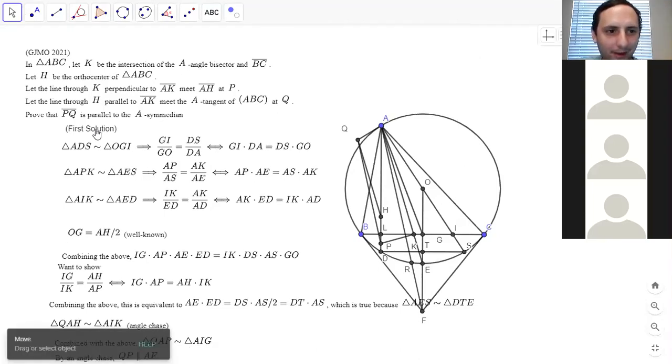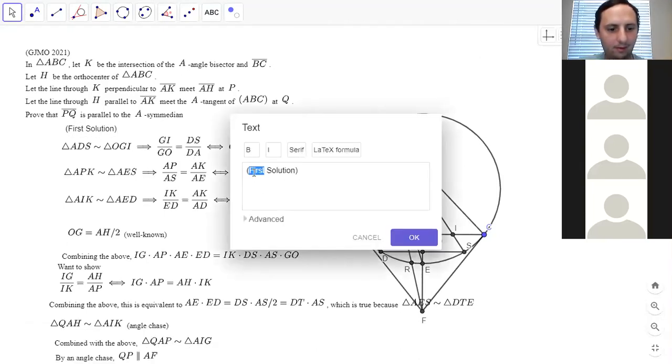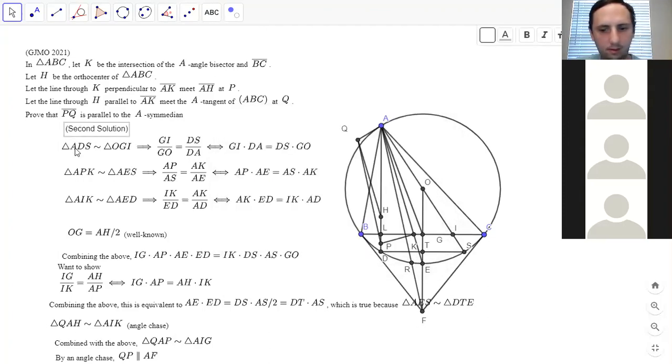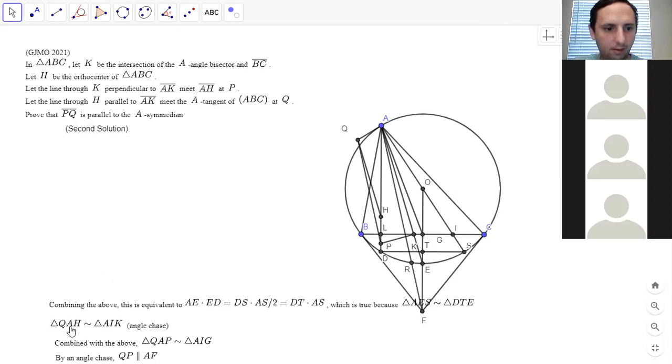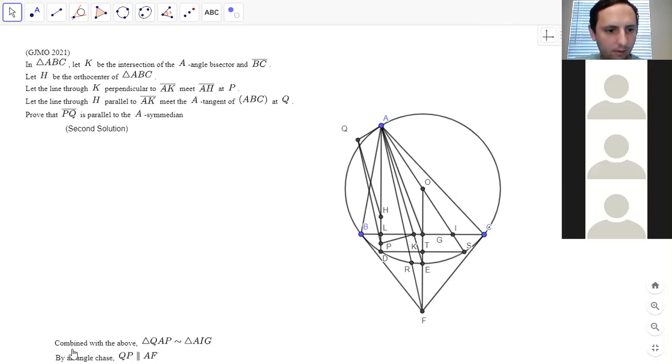So now we'll do the second solution. Okay. I'm going to unhide some stuff.